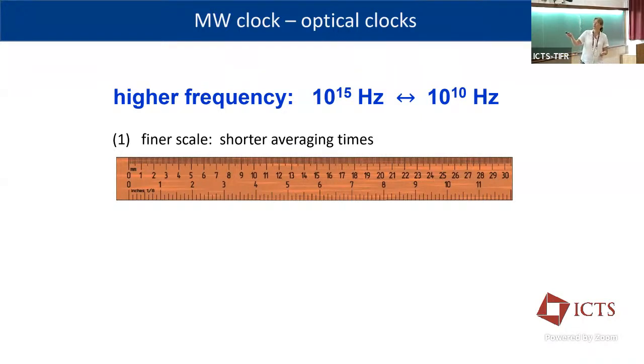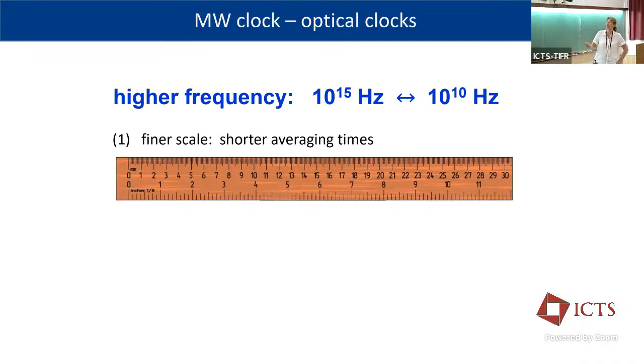So this is of course exaggerated, but if you go from inches to centimeters, that already gives you a finer scale. And of course you can now imagine if you improve this by 5 orders of magnitude, you just get with one measurement much more information, much more resolution.